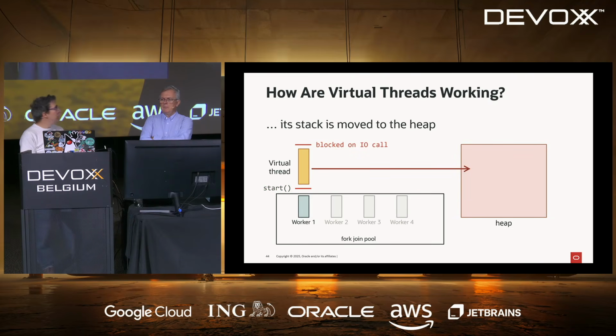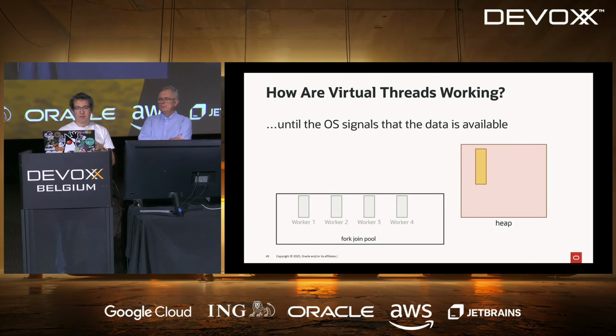If there is a blocking call, basically the whole stack of the virtual thread will be copied to the heap, which is nice because now my worker 1 is free to take another virtual thread and run it on top of the worker thread 1.